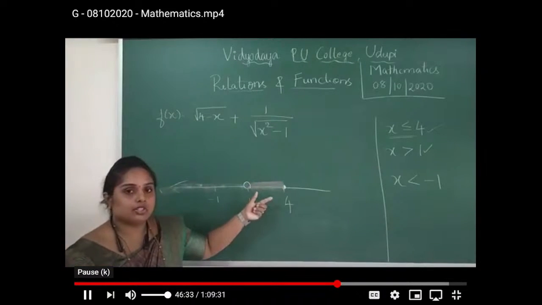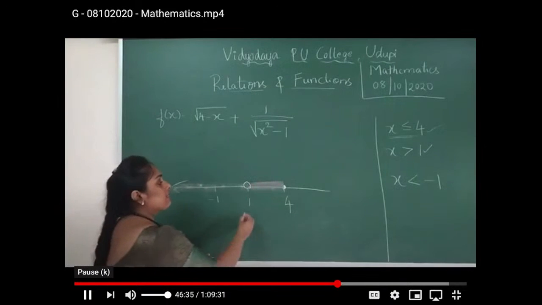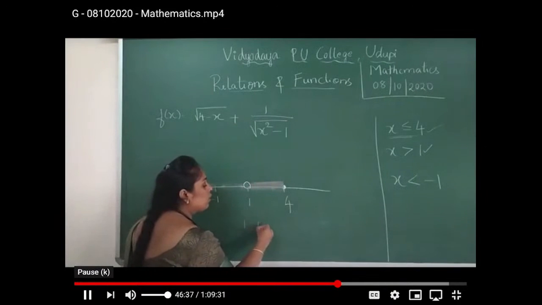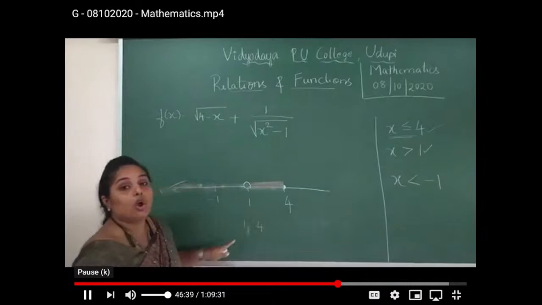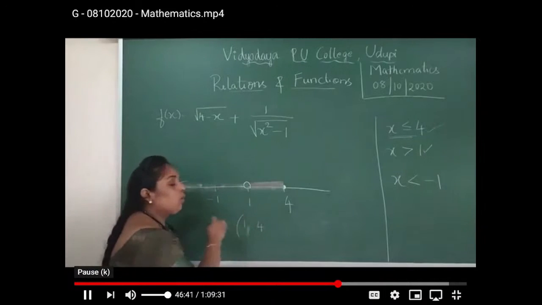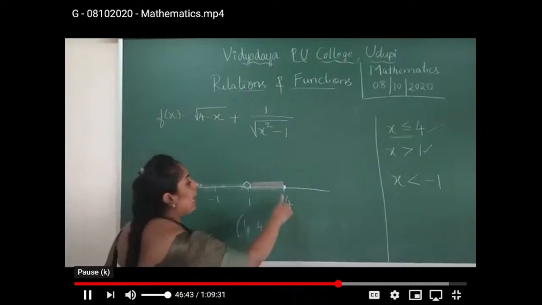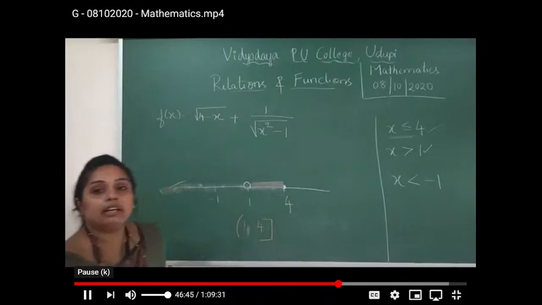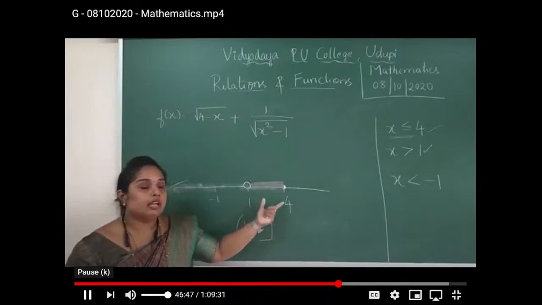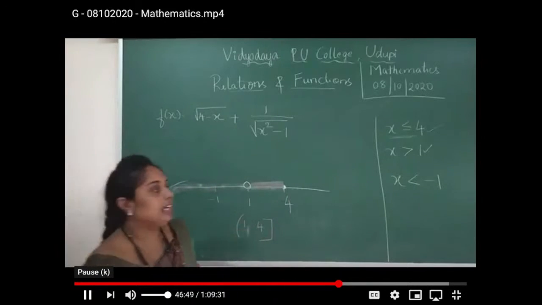What I got is this region, the common shaded part. That is from 1 to 4, not including 1. So open interval at 1 and closed interval at 4. I got this interval.